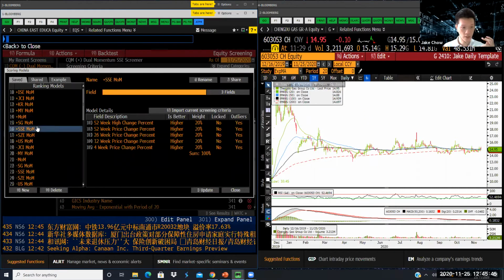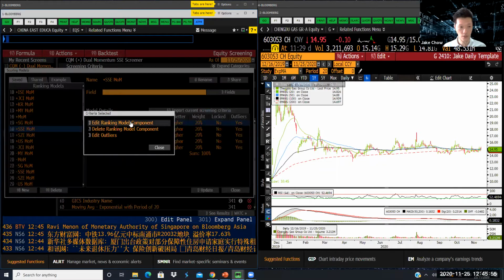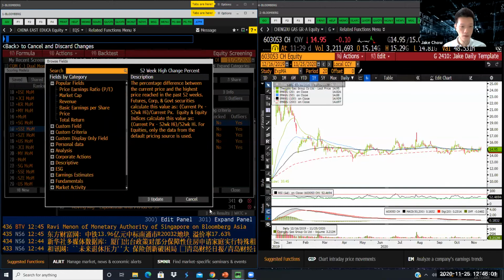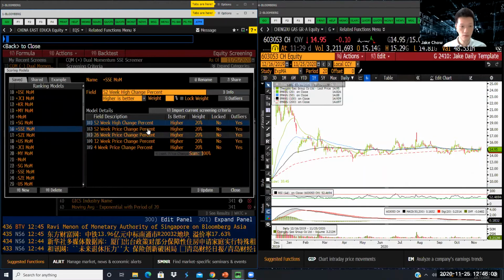Right, in this case, because I have a lot of scoring models, so I have to manually click them. Yeah, so this is where the scoring model is built, and you can click on this to see what's inside, edit model. And these are the things that I've instructed the model to do.